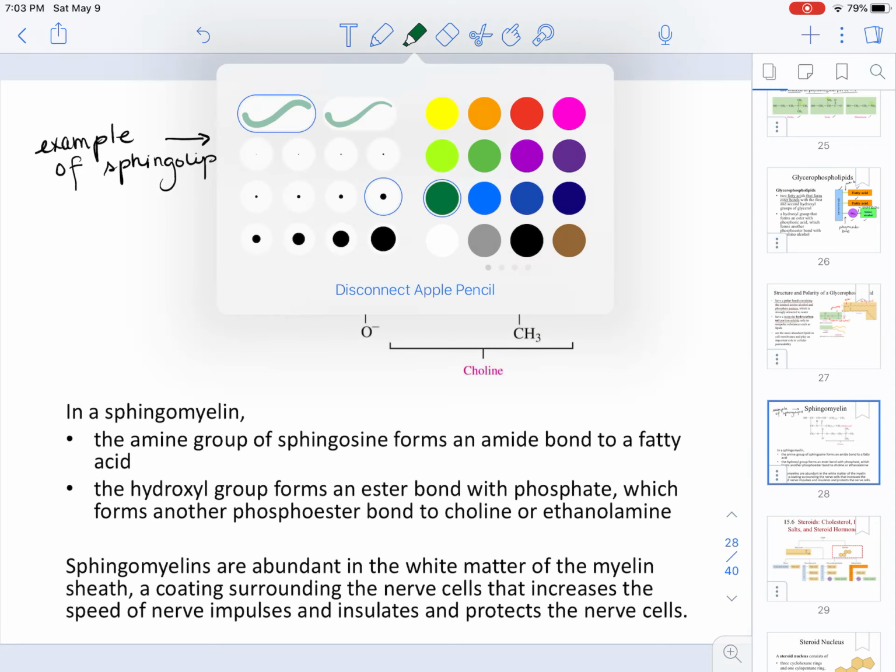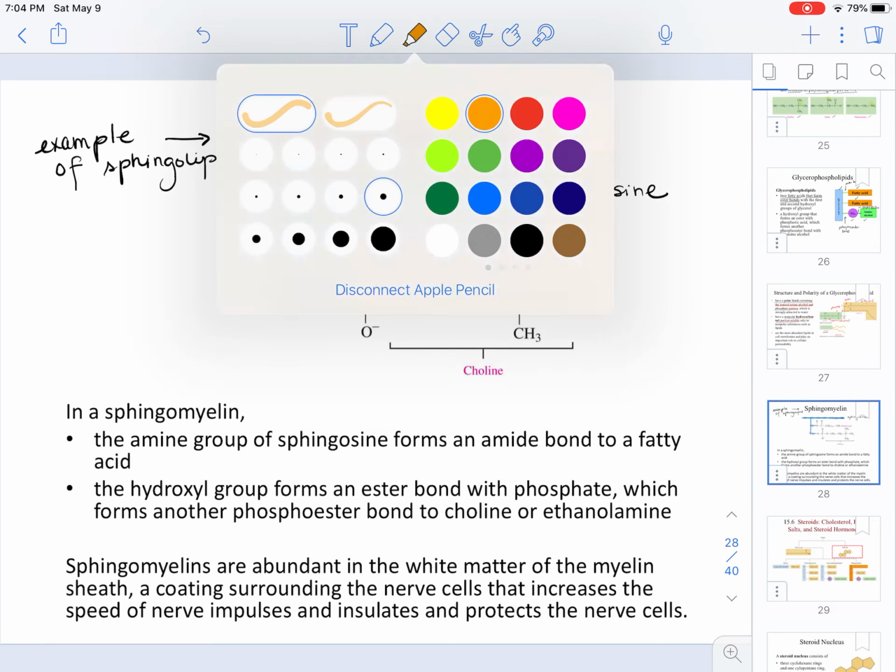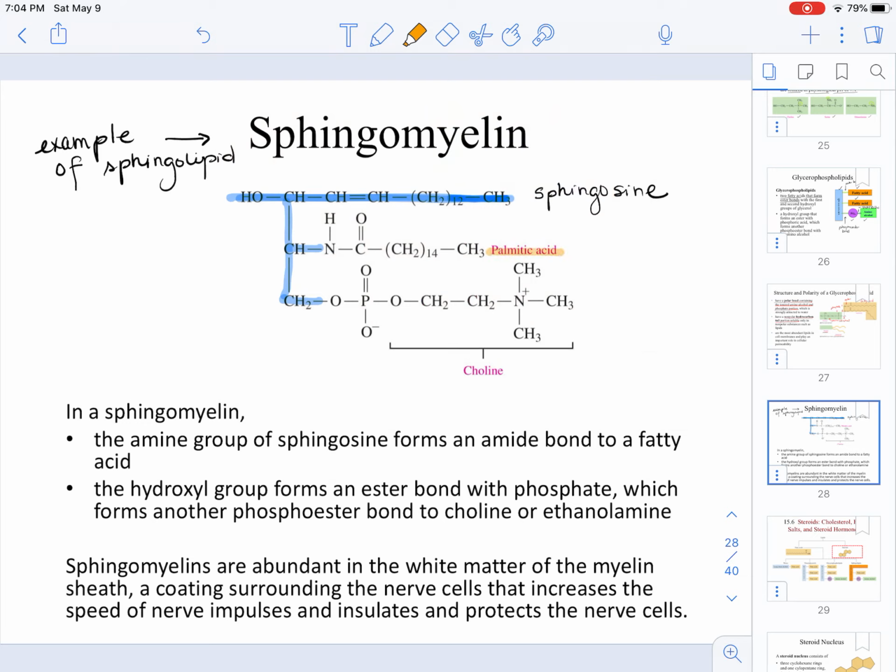I am now going to be highlighting the backbone of a sphingolipid, which is this molecule that I highlighted in blue, and that is called a sphingosine. Okay? We are going to have only one fatty acid, okay?